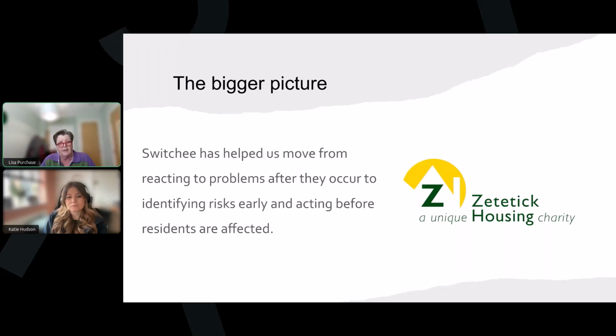I suppose ultimately we've used the Switchee devices as intended, but it's not about sensors or thermostat kit particularly. It's about protecting vulnerable people, as I've said. And I think the biggest benefit for Zetetick has been the ability to move from being reactive to problems and issues that are happening, especially around damp and mold, to identifying risks early and being able to get into properties and say, we've identified a potential risk.